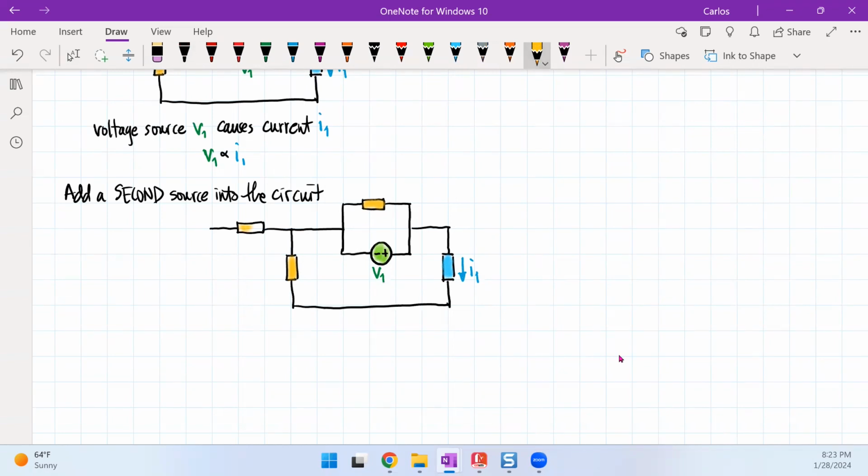Again, this is just some arbitrary element. And now I have my second voltage source that's going to look something like this. Let's make this a purple source.